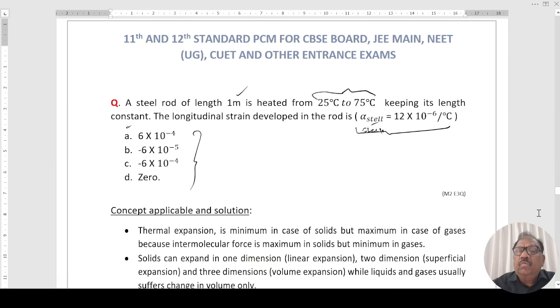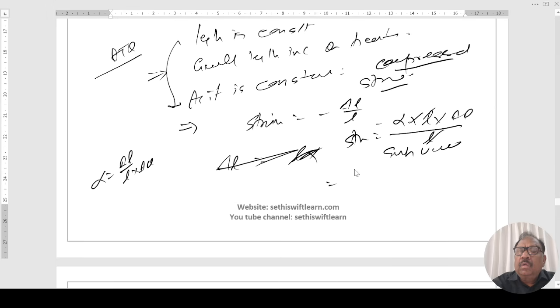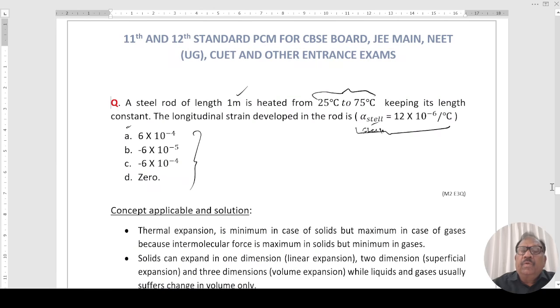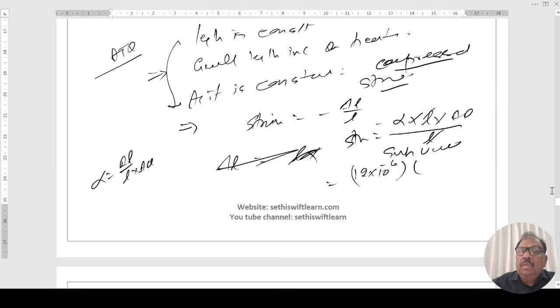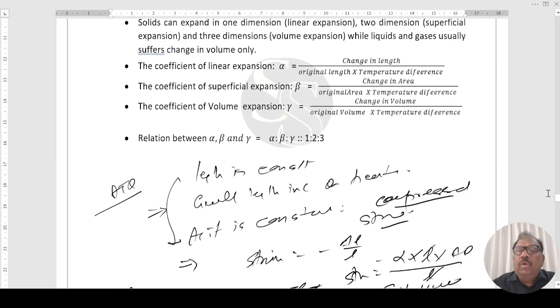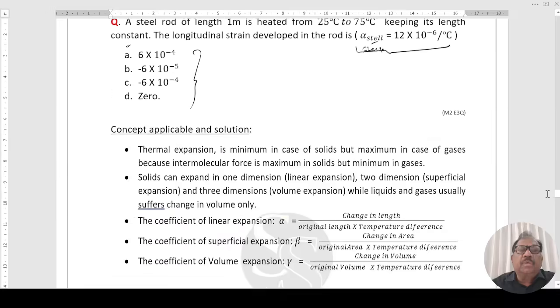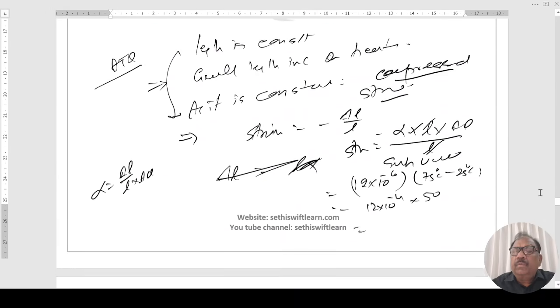Alpha is 12 into 10 to the minus 6, into delta theta, 75 to 25 degrees centigrade, that is 12 into 10 to the minus 6 into, this comes out to be 50. On simplification, this comes out to be 6 into 10 to the minus 4.